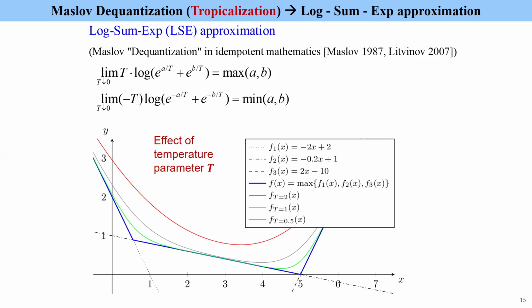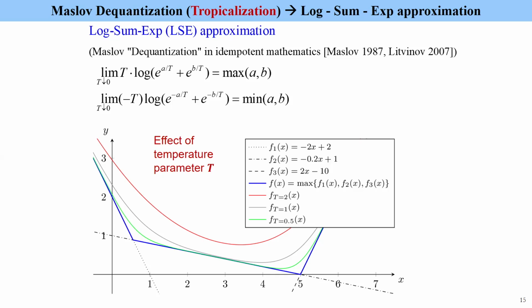So you take, let's say, the two numbers A and B, the two real numbers. You scale them by a temperature parameter, tau. You exponentiate them, take their sum, and take the log, scale them again, and let the temperature go to 0. And this way you obtain the max. By negating the temperature, you obtain the min.